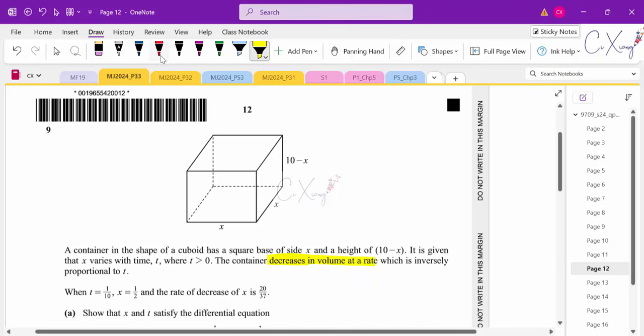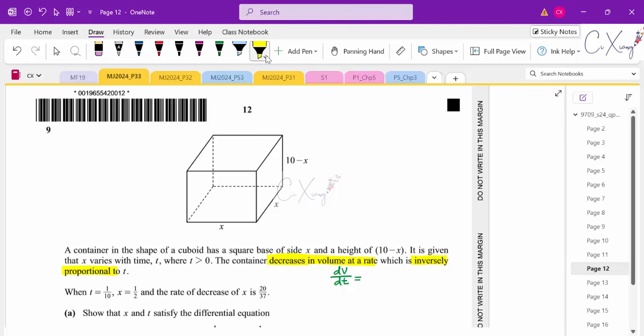Volume at the rate gives you the idea that they are talking about dV over dt. Okay, which is inversely proportional. Highlight the keyword inversely proportional. Proportional means directly multiplying the variable with a number, but inversely proportional means it is divided. So proportional means there's a value k.